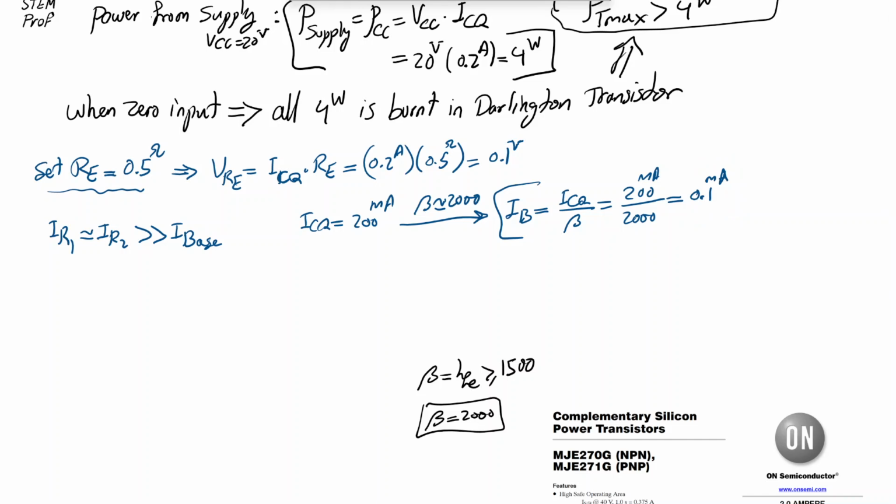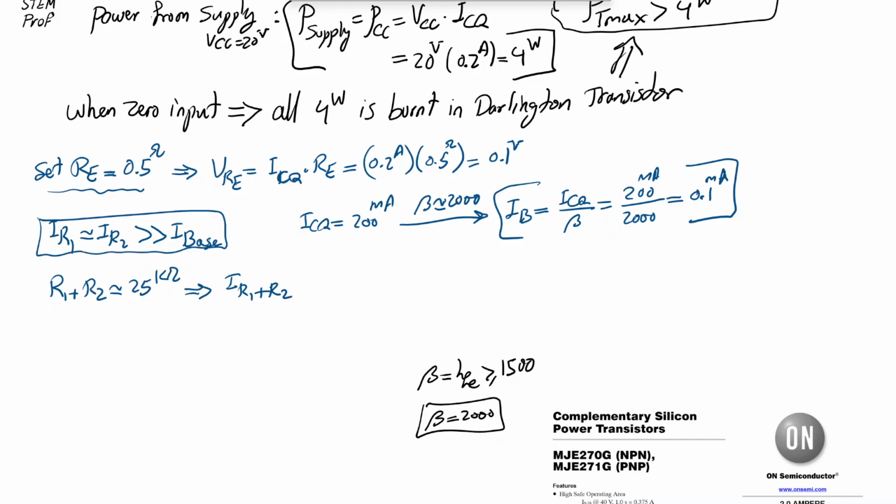So to just make sense out of the whole thing, let's make R1 plus R2 roughly on the order of 25 kilo ohm. And as a result, if I set it like this, this is satisfied.